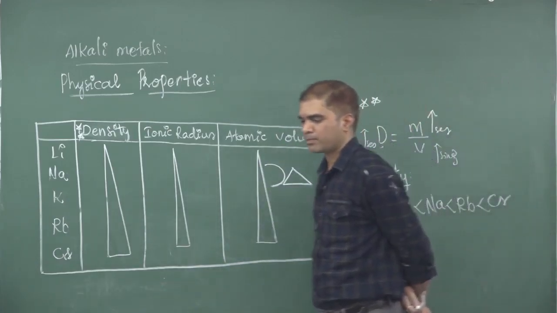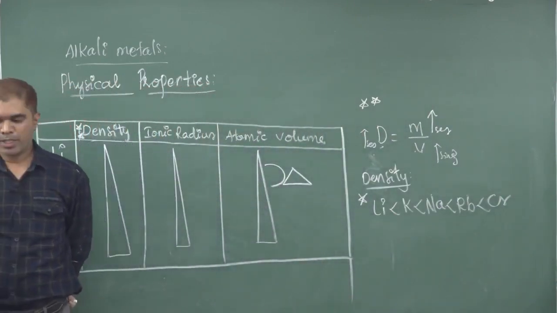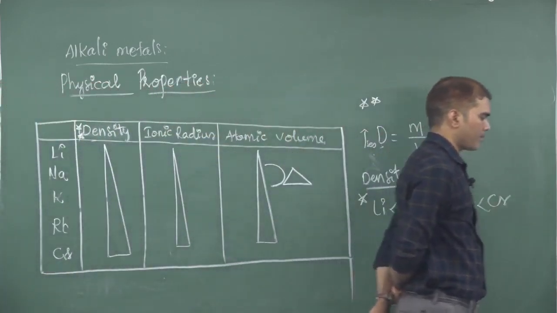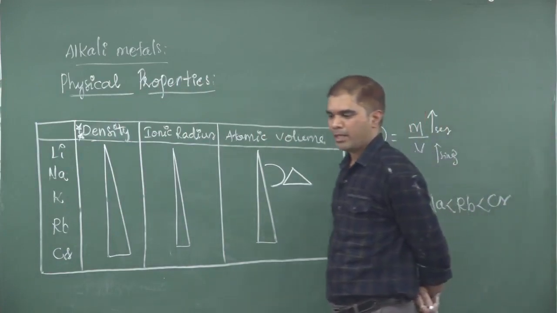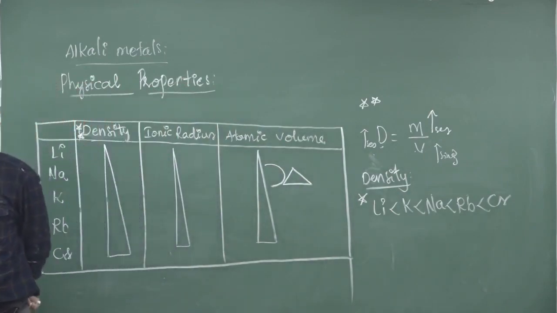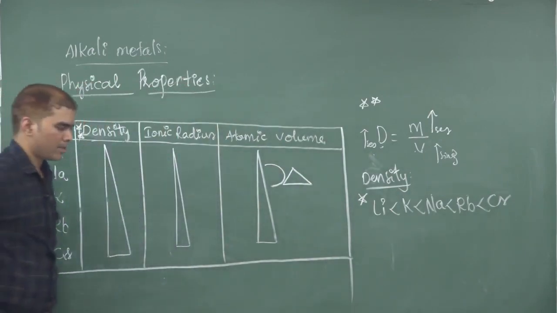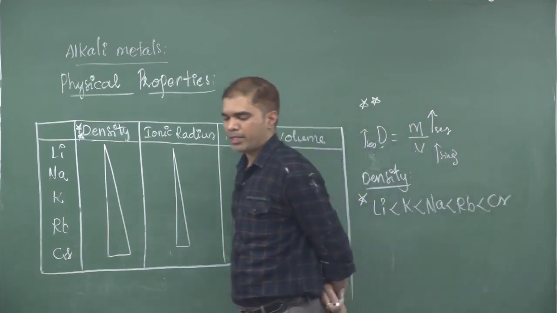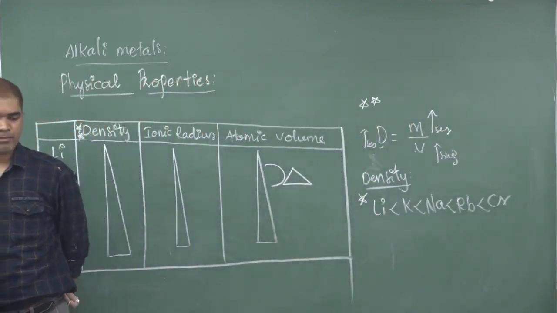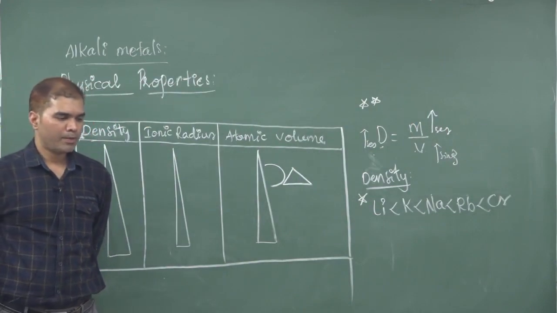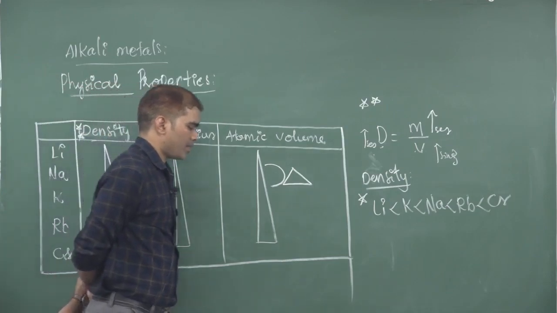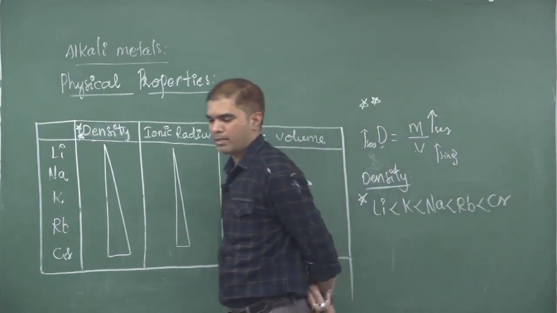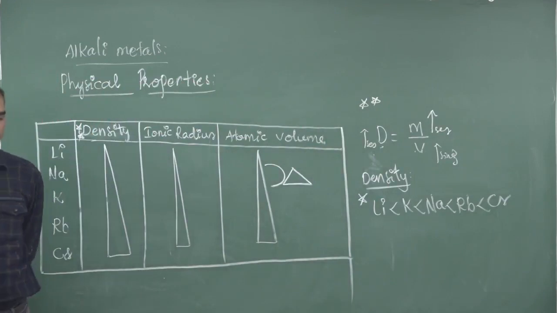Write down a point. From sodium to potassium, there is a sudden or large increase in the atomic volume, and therefore the density of potassium is less than sodium.